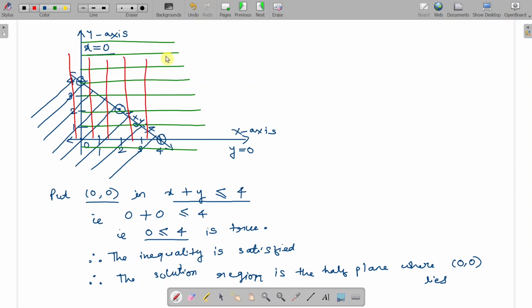Okay, now if we take the intersection of all these three regions, the intersection will be this region.